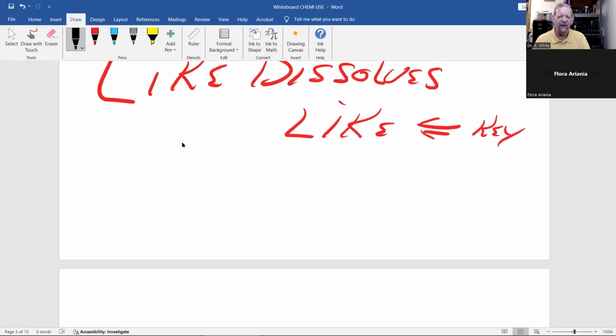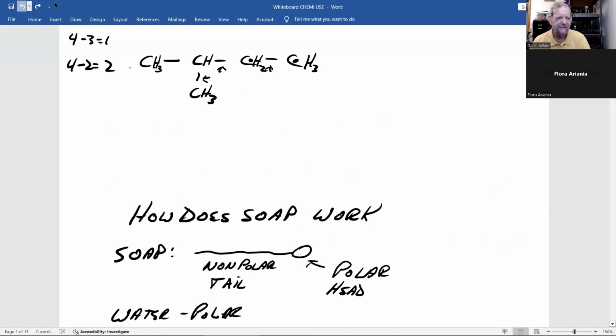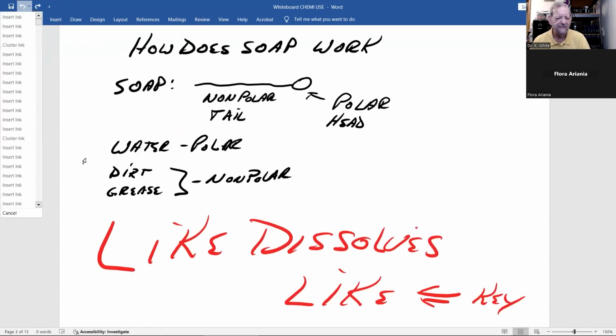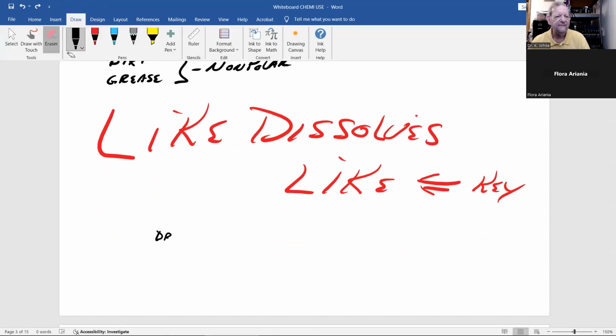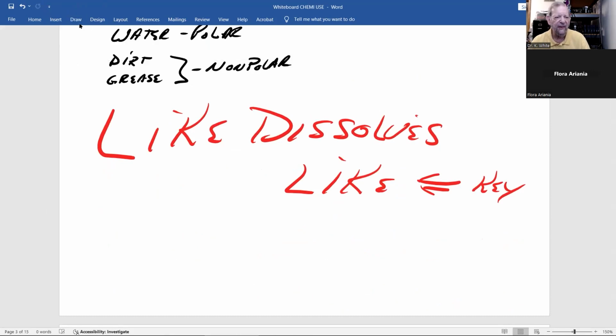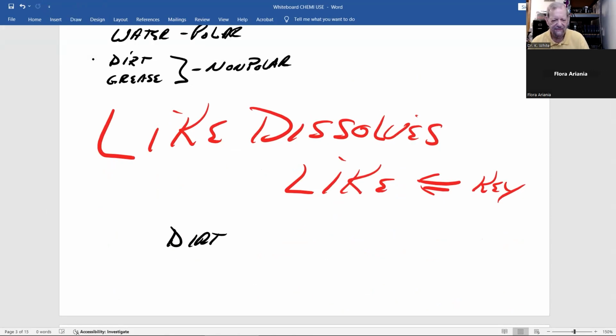And you should know that dirt, if we had a small piece of dirt, let's try this again. Dirt is nonpolar, and the nonpolar tail of soap molecules is attracted to it.